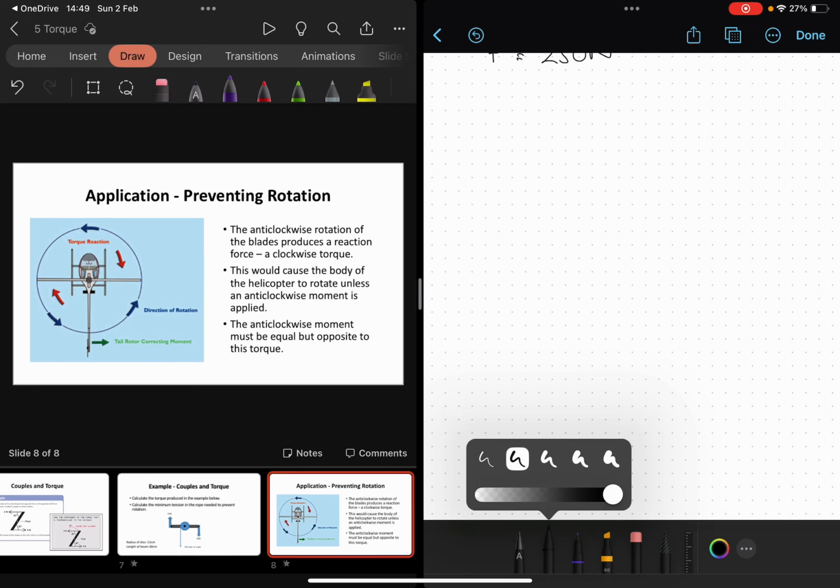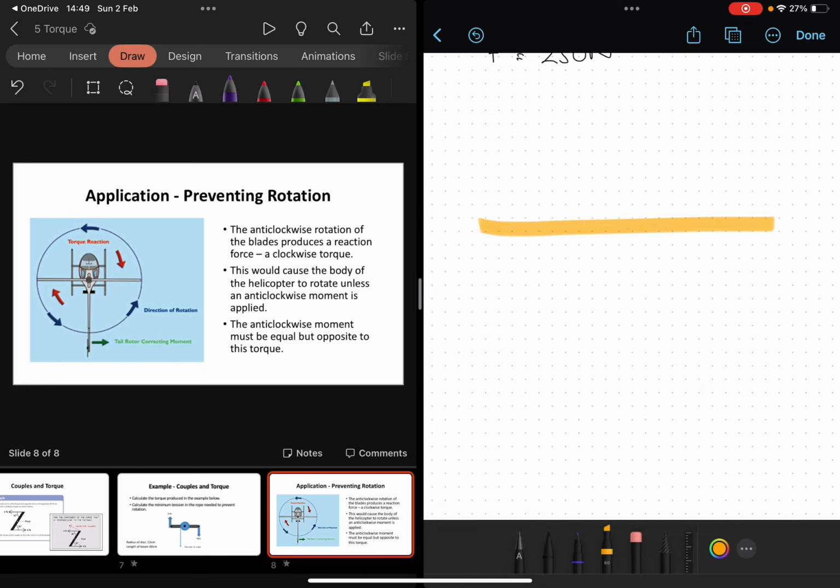So if I just recreate what you've got in front of you, there are the rotor blades of the helicopter. And at the back here, we've got the rotor blade. So we've got a smaller set of blades at the back. The blades are turning anti-clockwise. So how is that being achieved?